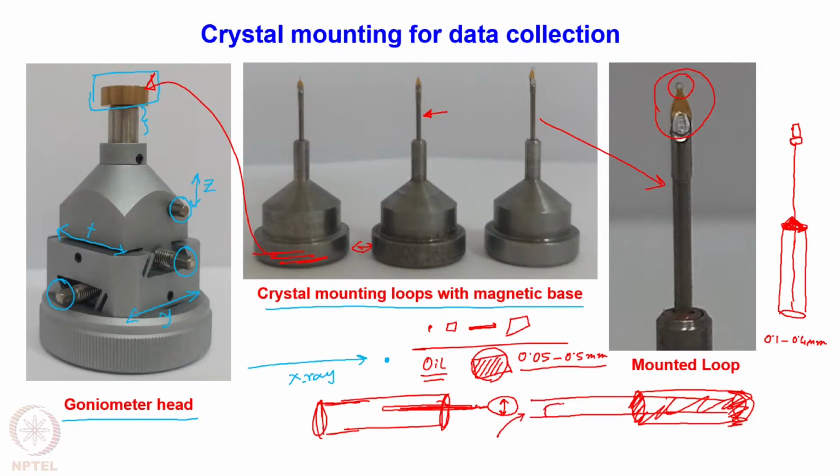We choose the capillary such that the crystal fits inside it, and we put this crystal along with a bit of oil which holds the crystal on the wall because of surface tension, and then we can close the top of this capillary with glue so that the crystal is isolated from the external atmosphere and does not have any contact with the air or moisture outside.